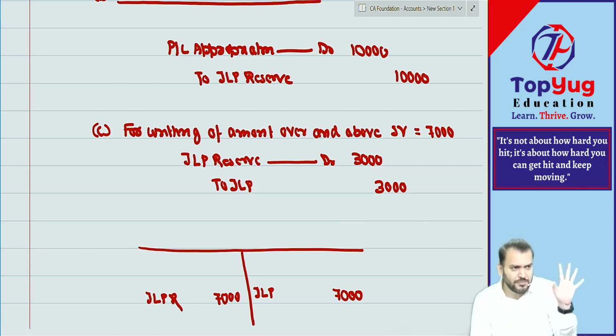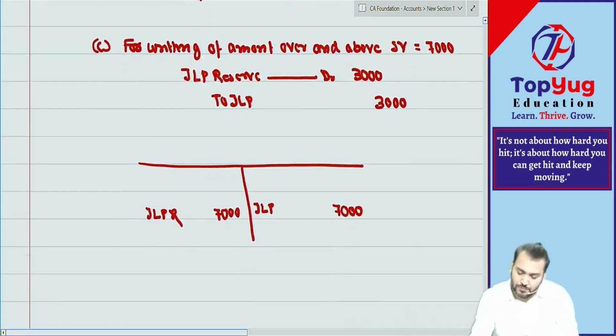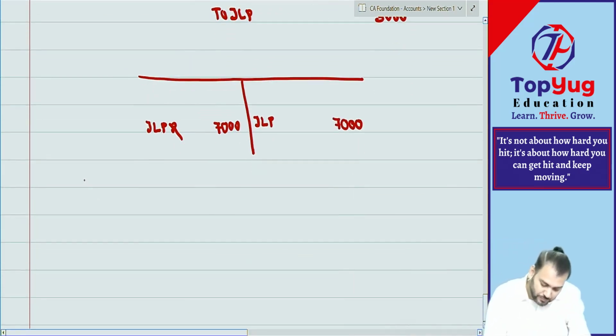Are you able to understand? Have you understood this much? Any confusion? One second. First write one note, then I will explain once again.